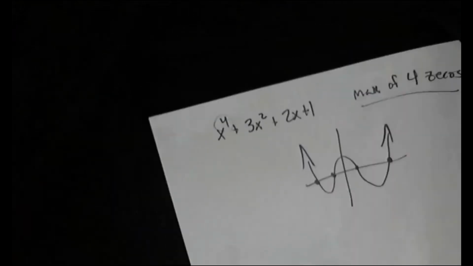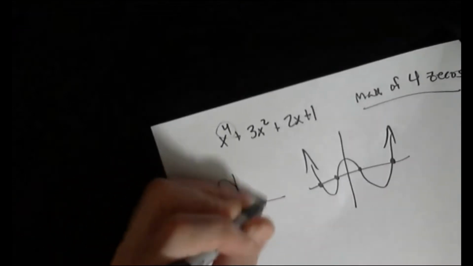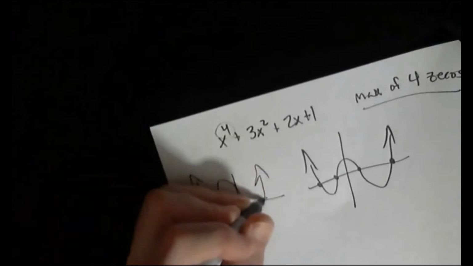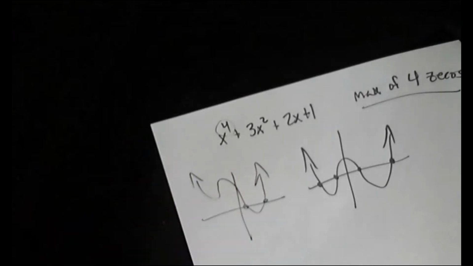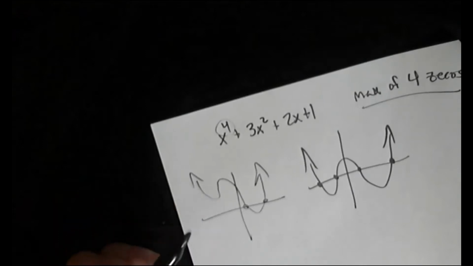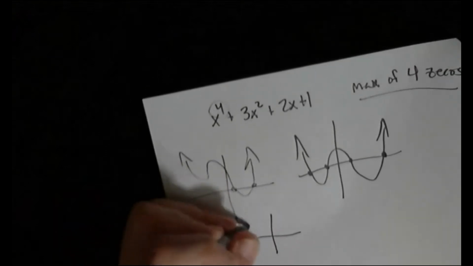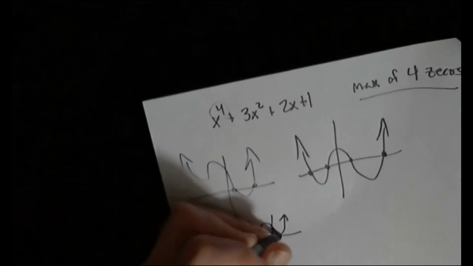Now it's not a guarantee because you can have a couple of different things happen. You can actually have a graph that would do something like this, where you would only get 2 real zeros. We'll talk about this later, but this would give you 2 imaginary zeros. Also, if the graph bounced off of the x-axis, you would only get 2 real zeros.